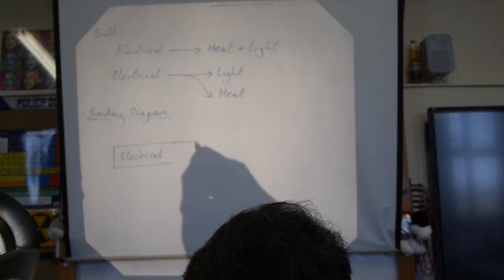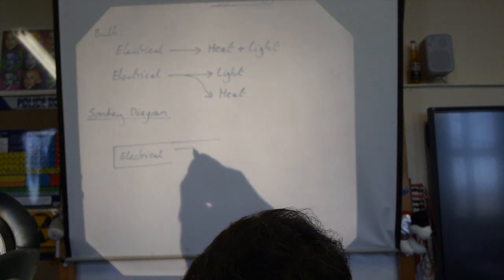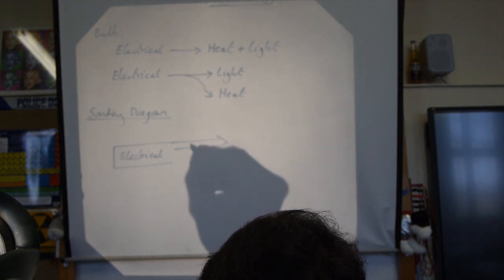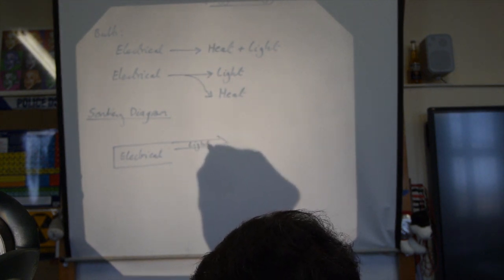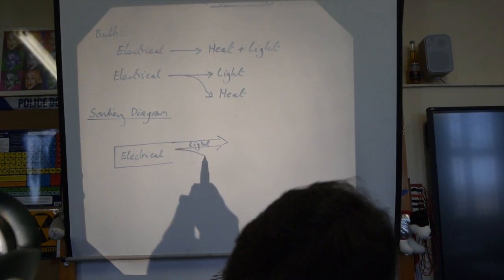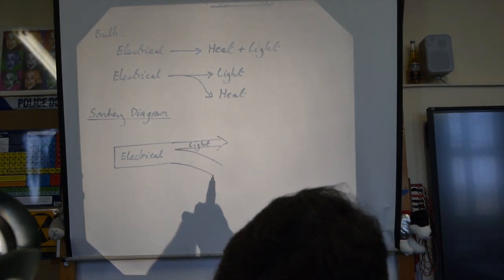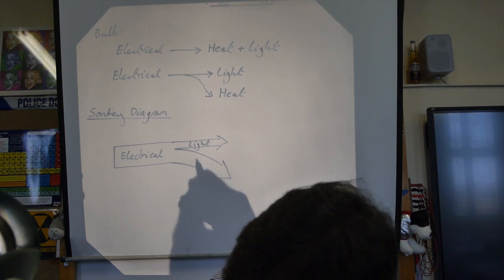So what I'll do is I'll have an arrow going off in this direction, and that's the energy that we want, the light, and this is the wasted energy that we never wanted in the first place.